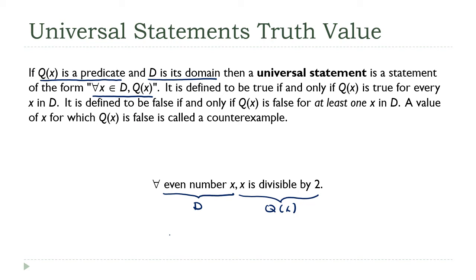On the other hand, if there's so much as one value of x for which Q is false, then the whole statement is false. Now notice that we aren't requiring the statement to be false for every value in the domain. All it takes is one bad apple, called a counterexample, to falsify the entire statement. So for this specific statement here, since every number is in fact divisible by 2, our conclusion would be that this is a true statement.